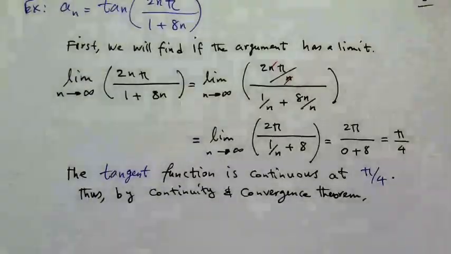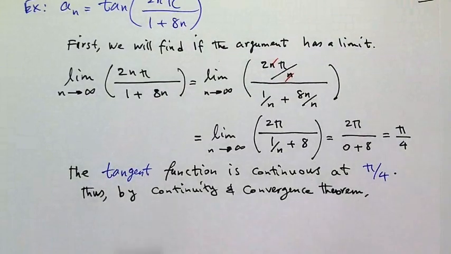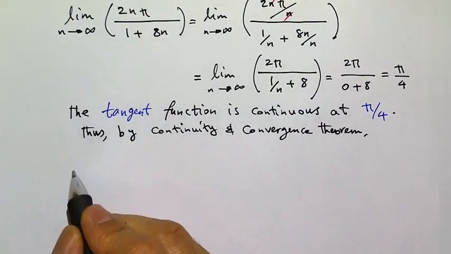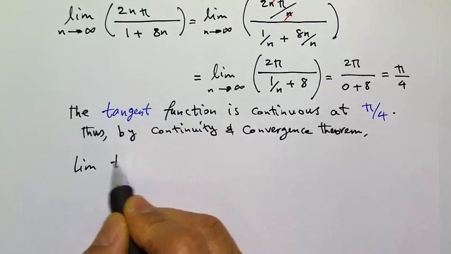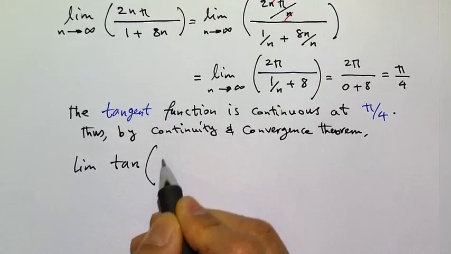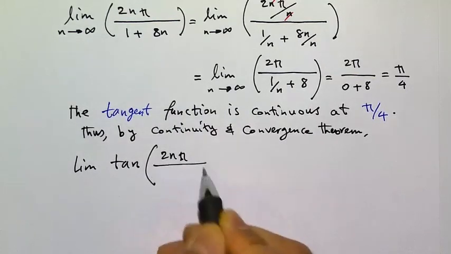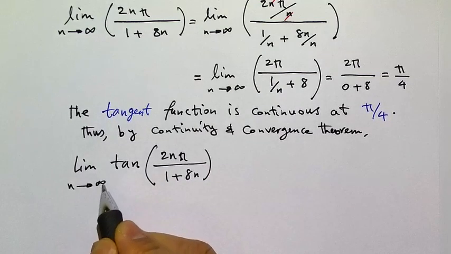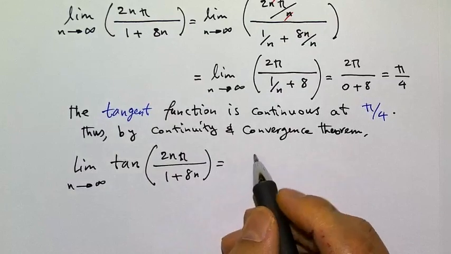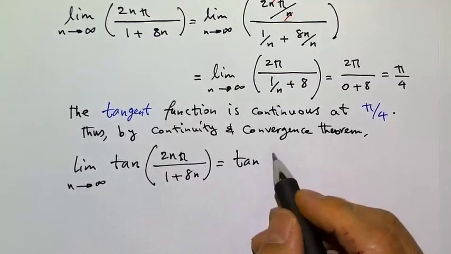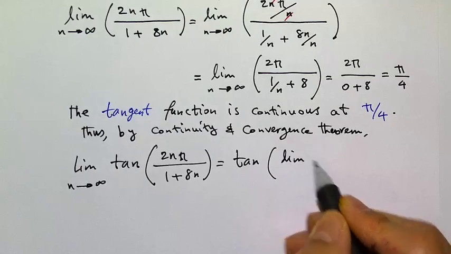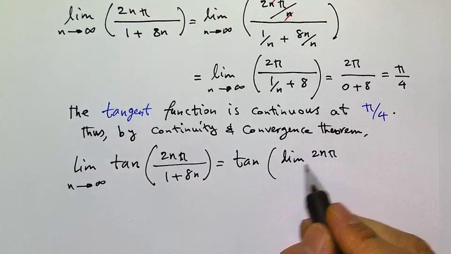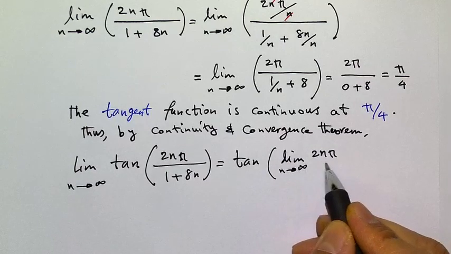So let's apply that then. We have the limit of the tangent of 2n pi divided by 1 plus 8n as n goes to infinity is equal to the tangent of the limit of that expression, which we evaluated to be pi over 4.